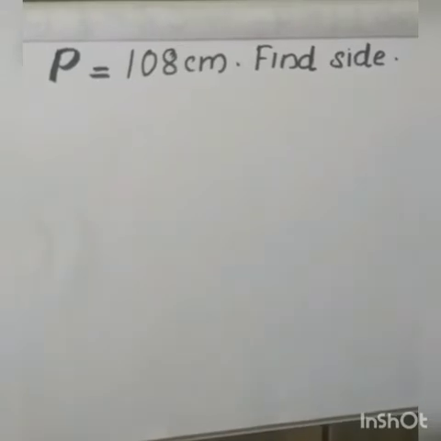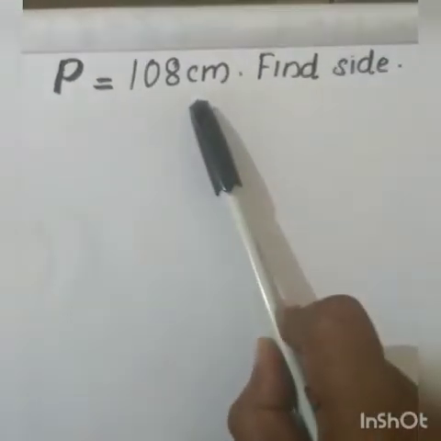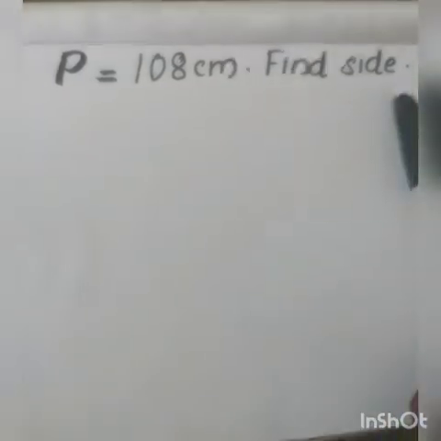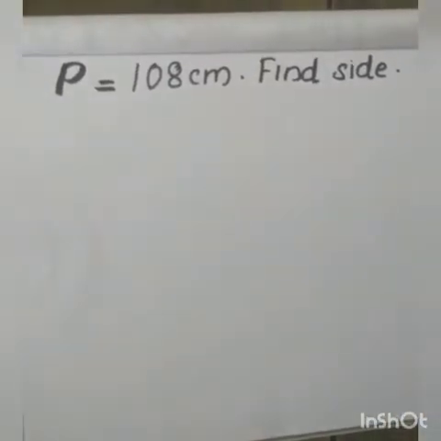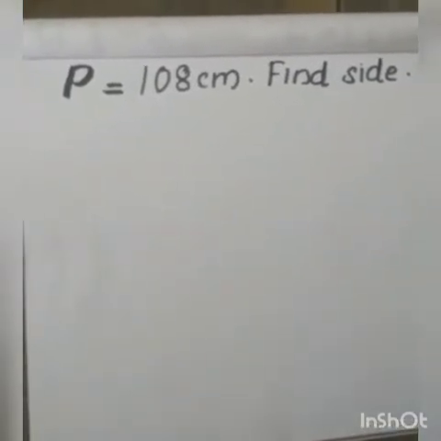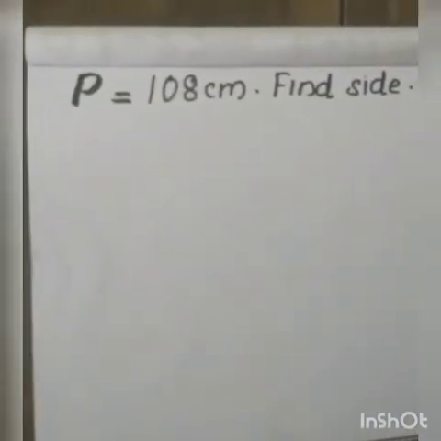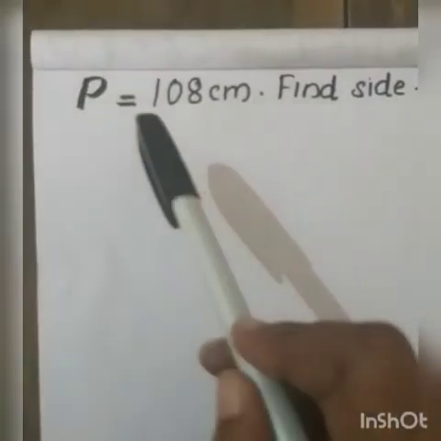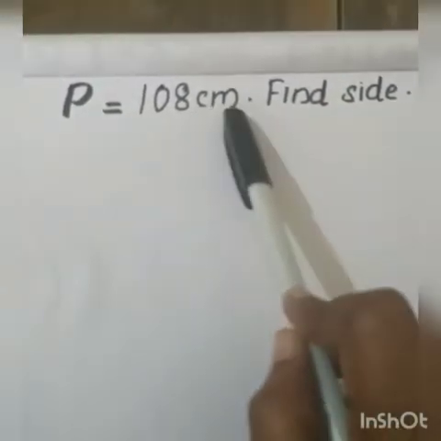See the next question. The perimeter of a square is given as 108 centimeter. We have to find the side. That means find the side of the square whose perimeter is given. So in the following questions, the perimeter is given and we have to find the side, and the shape is a square. So, what is the given fact? Perimeter is given as 108 centimeter.